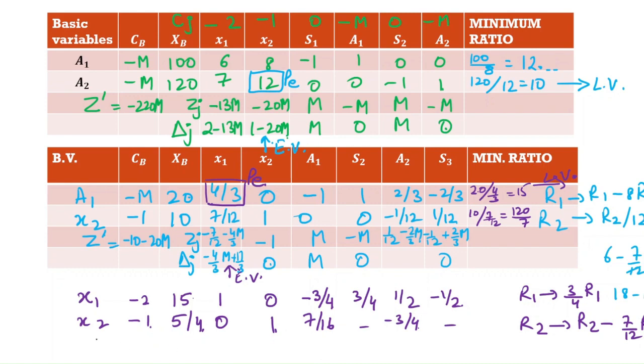So calculating Z dash is minus 205, and zj is minus 2, minus 1, delta j is 0, 0. So this is, I'm getting it as 3 by 2 plus 7 by 16, minus 7 by 16.